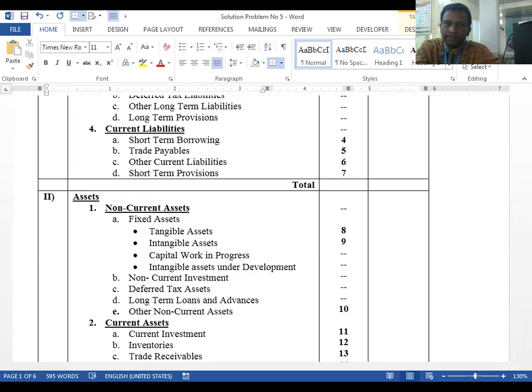What do you think about it? A, B, C, or D. Just send the answer A, B, C, or D. Only Sakshi Gade sent me an answer.